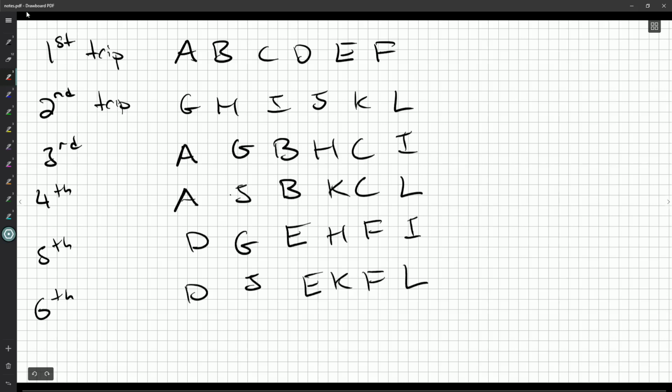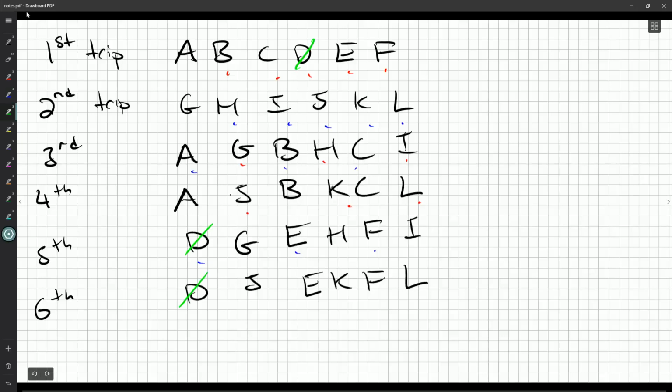So A has gone with B, C, D, E, and F, G, H, and I, J, K, and L. And let's say G has gone with H, I, J, K, L, A, B, C, D, E, F. So it really looks like it, and if we check, each student only appears 3 times, which works out quite nicely.